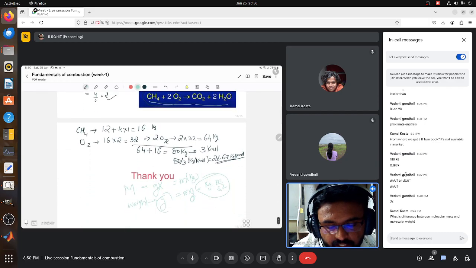But this is the basic difference between mass and weight of a given system or molecule or anything. I hope that is clear. Is that clear?